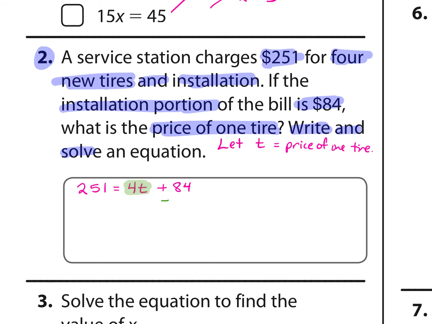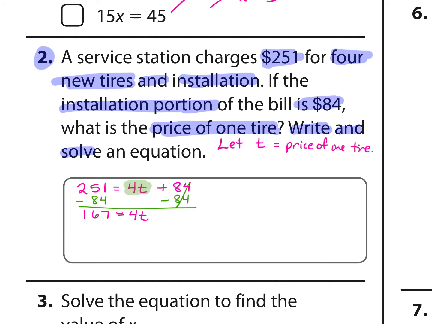So I want to get this term for T by itself. So I'm going to get rid of this 84 by subtracting 84 from both sides. When we do that, 251 minus 84, we get 167 is equal to 4T. Now we want to get T by itself.